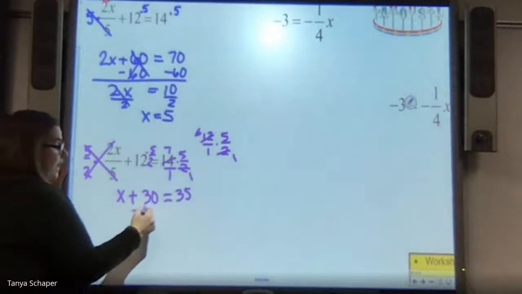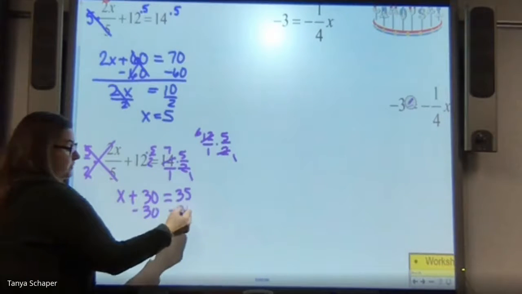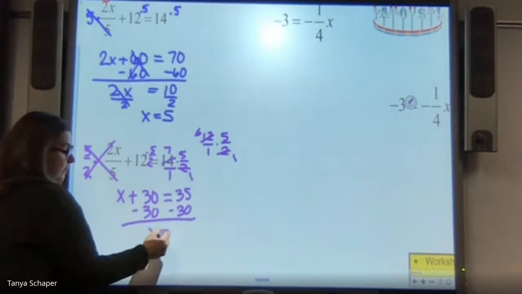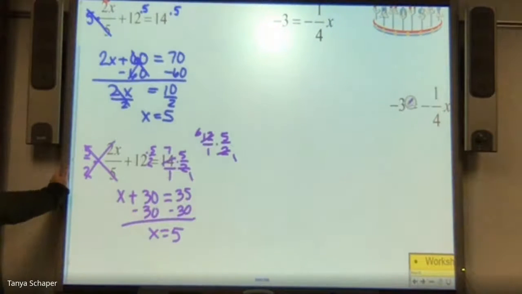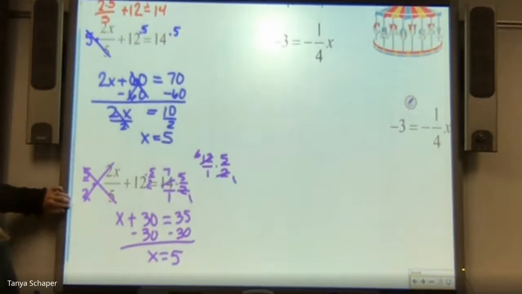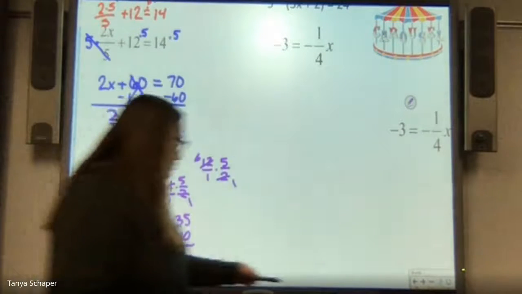And I can subtract 30 from both sides, and I would get 5. That's another strategy. And the third strategy is what we talked about earlier in the videos, where you would end up at the end dividing by the fraction. Use the strategy that works for you, okay? So let's try this fraction.